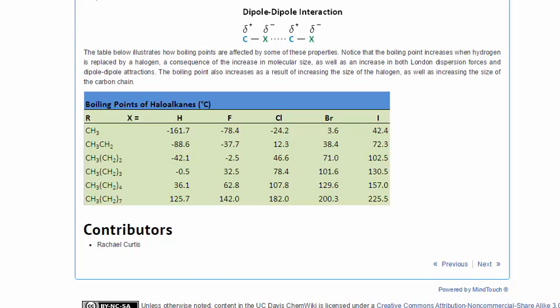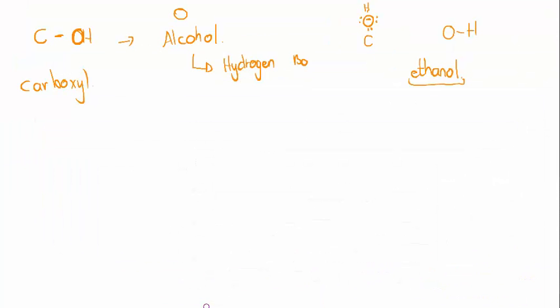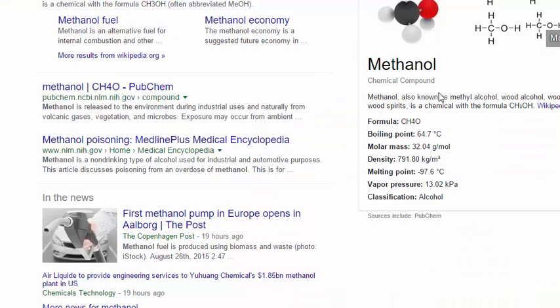I don't remember. First with 4 carbons. So this one, I think, is actually methanol. Yeah, even methanol is a liquid. In other words, just with 1 carbon, it's already a liquid. Does that make sense?